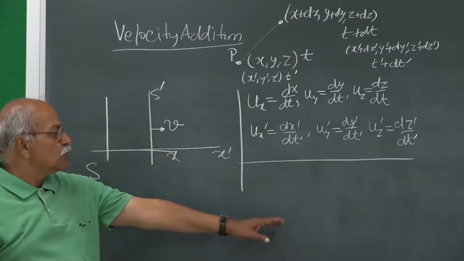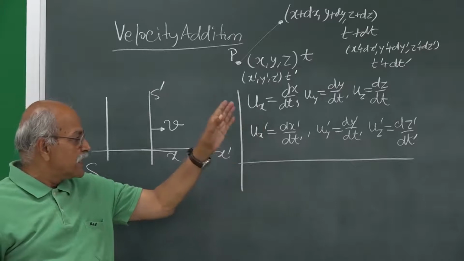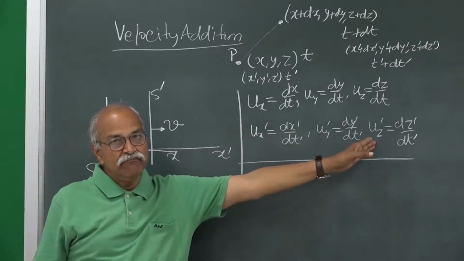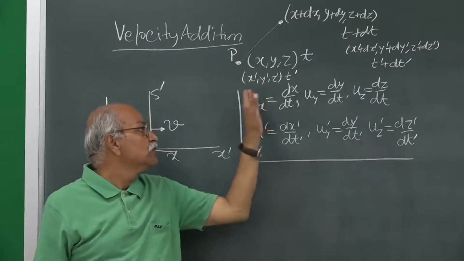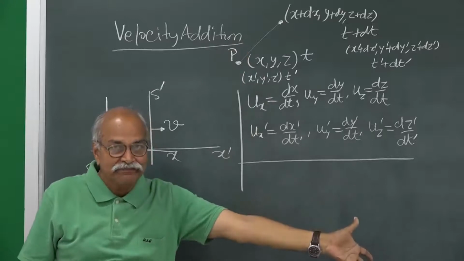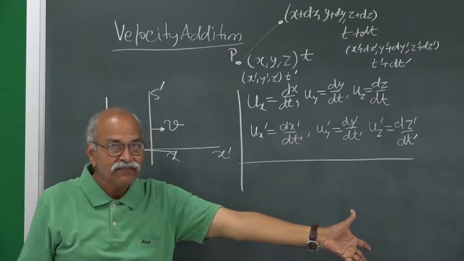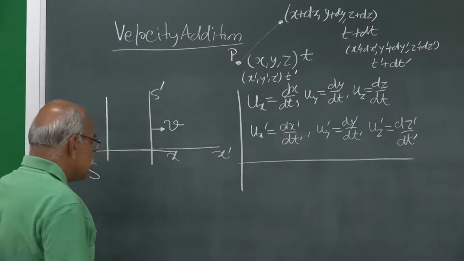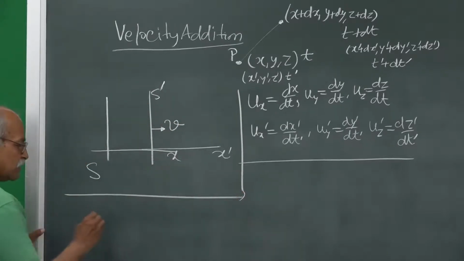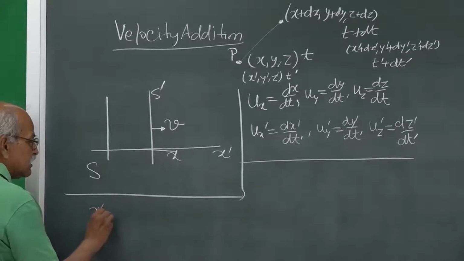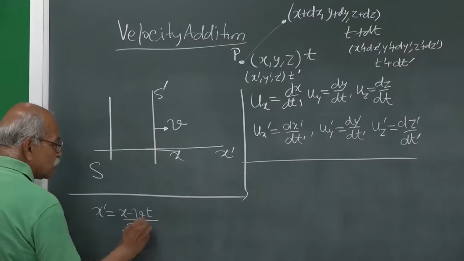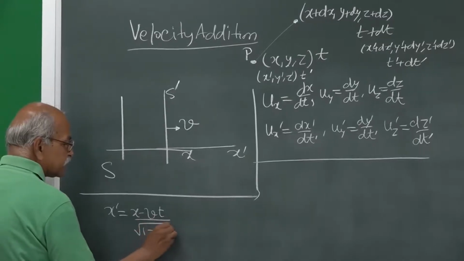And what we want to do, we want to write expressions for ux prime, uy prime, uz prime in terms of ux, uy, uz and the velocity v of the frame. So, we can start from Lorentz transformation equations for position. x prime is equal to x minus vt divided by square root 1 minus v square by c square.